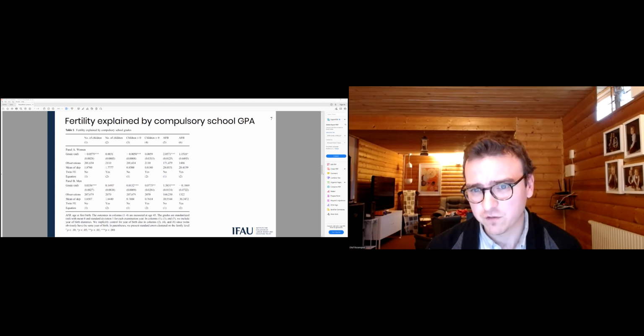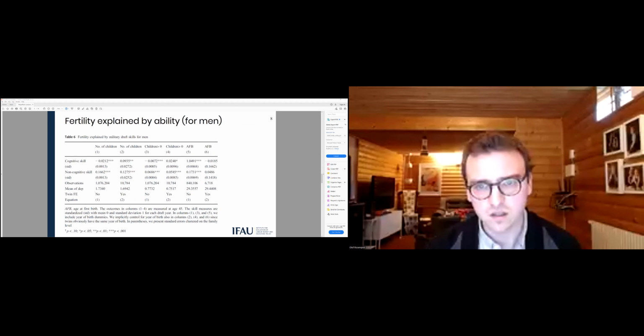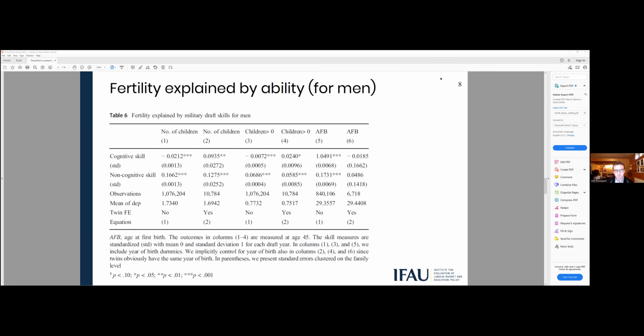So these are the measures that we have for both men and women, years of schooling and high school compulsory school GPA. Then we also have these draft skill measures, but they're only available for men. So it's this cognitive skill, which is similar to a standard IQ test.